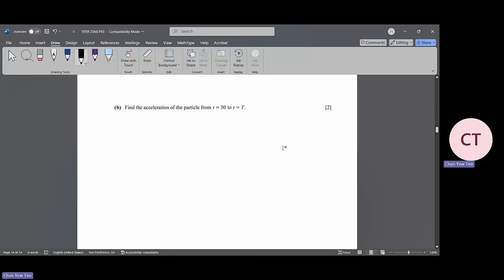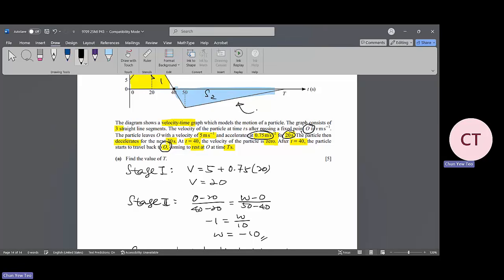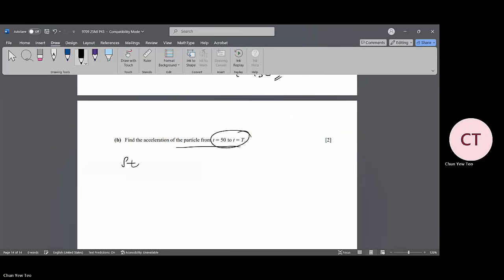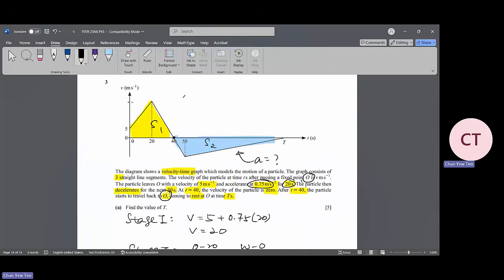Moving on, we have 3B. Find the acceleration of the particle from t equal to 50 to t equal to t. We want to find the acceleration over here, the last stage, stage 3. Actually, it's quite simple because you already have the coordinates. This one is t is 130 as a 0.